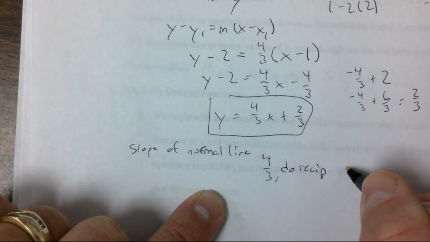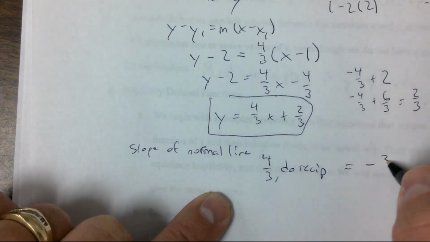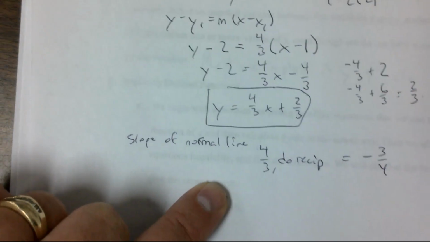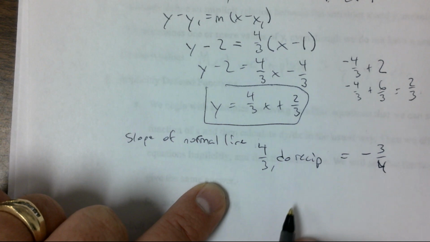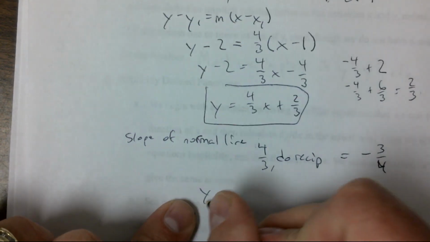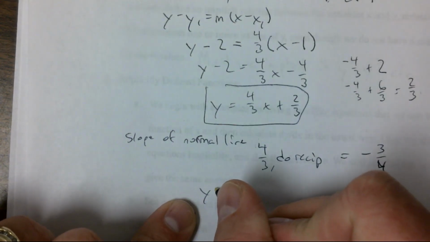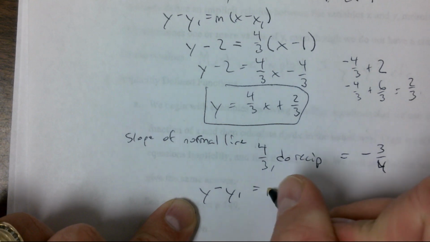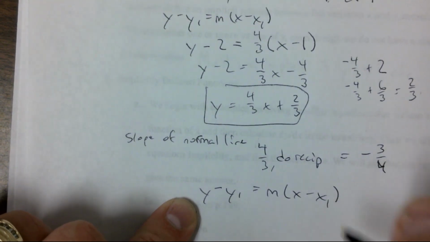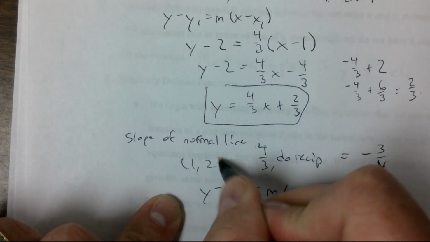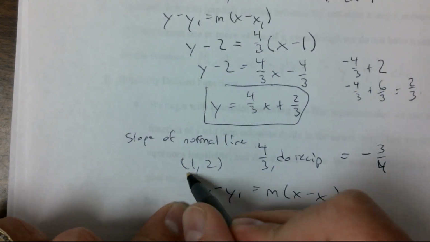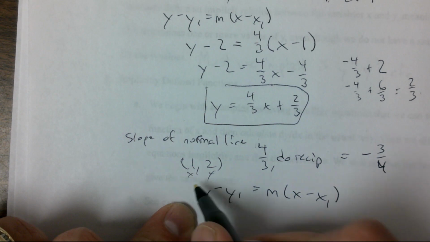And so we get negative 3/4. So then we do our y minus y1 is m times x minus x1. And again, we're using 1, 2. So x, y. Or you could think x1, y1.